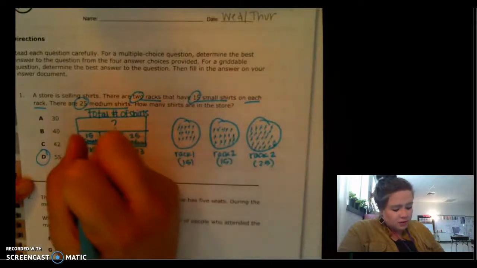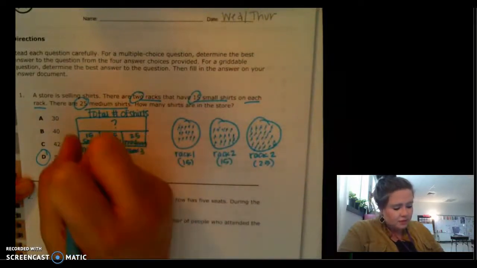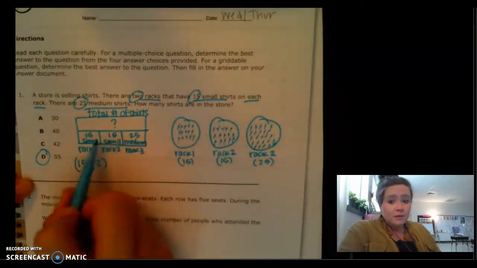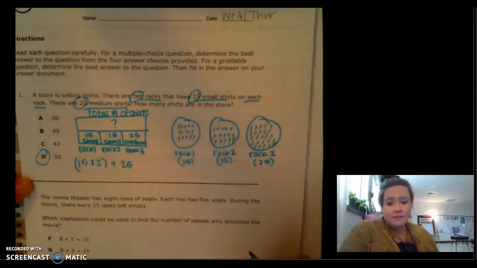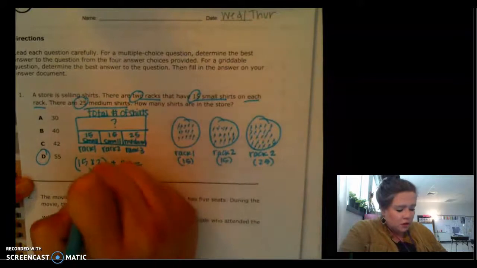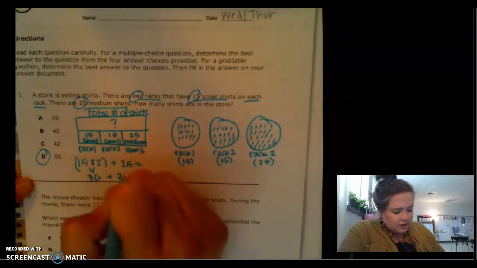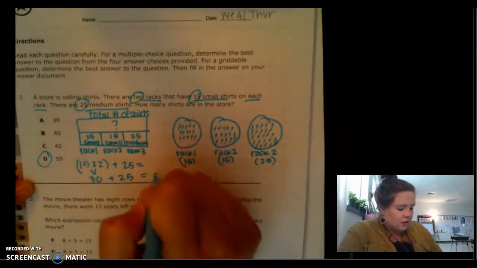You could have also multiplied 15 times 2, because that's what is there, plus 25, which would have got you 30 plus 25, which equals 55.